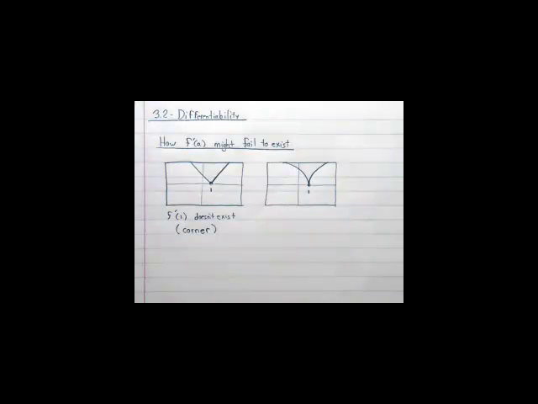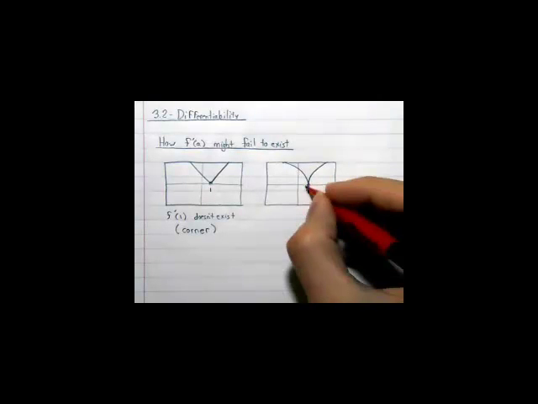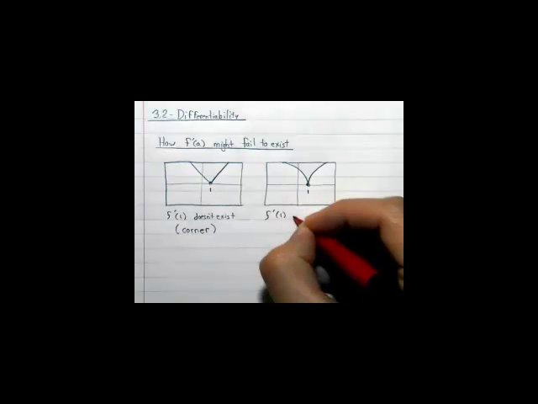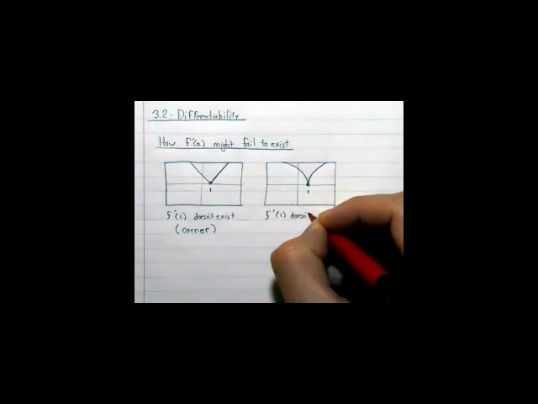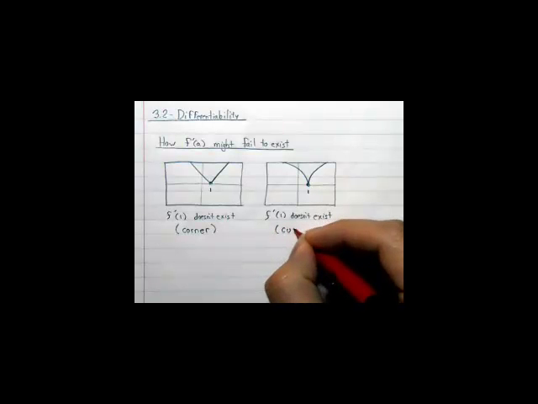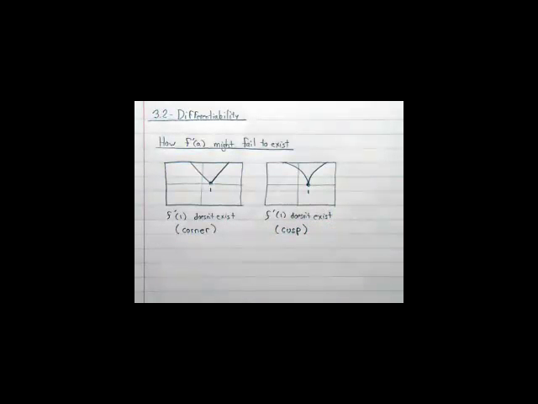But still, do you see how the slopes on either side don't match? The slopes on this one are coming down negative, and the slopes on this one are coming down positive. They're not going to match when they come together. So at that corner, f prime does not exist. That's a cusp.